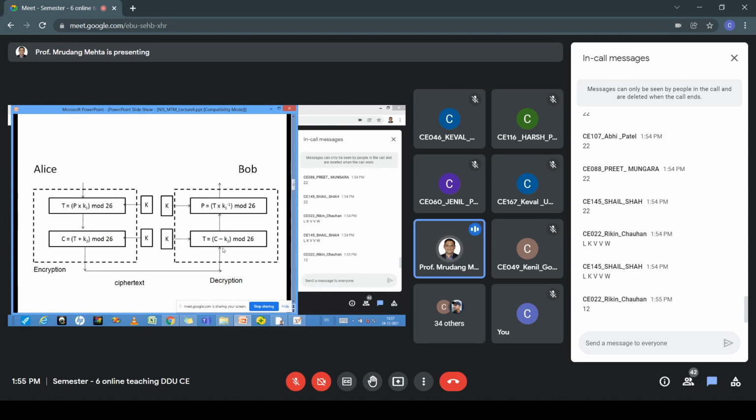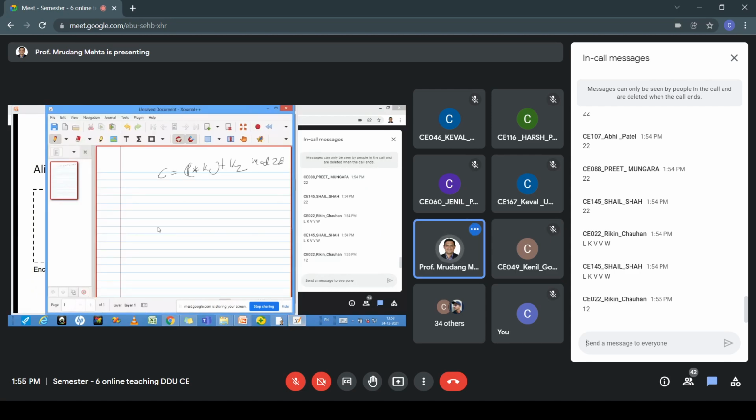Now Bob receives this ciphertext. So Bob first performs the reverse of additive, right? So C minus K2, and then he performs multiplication by the multiplicative inverse, right?